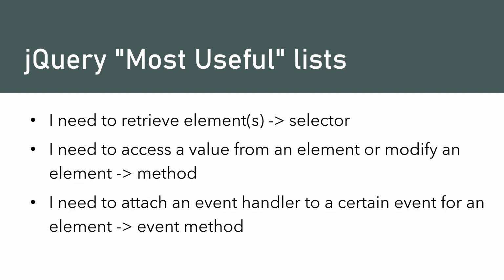So your book presents a lot of useful selectors, methods, and event methods for you to be able to use. And in programming, it is not expected for you to just memorize every single little thing, every single function and what parameters it needs.